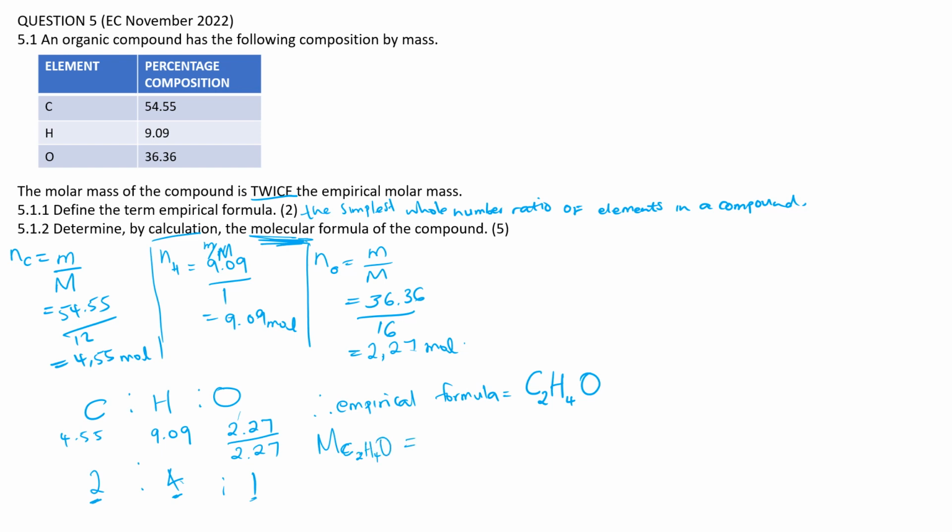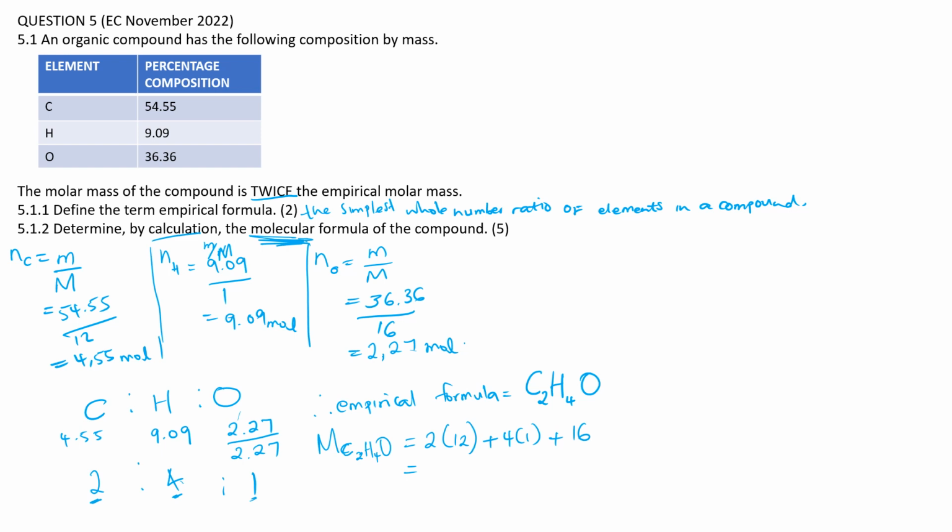We have 2 carbons, and on the periodic table carbon's molar mass is 12, plus 4 times the molar mass of hydrogen which is 1, plus 1 oxygen, whose molar mass is 16. So let us do that quickly. That is 2 times 12, that is 24, plus 4 plus 16, that is 20, which is 44.